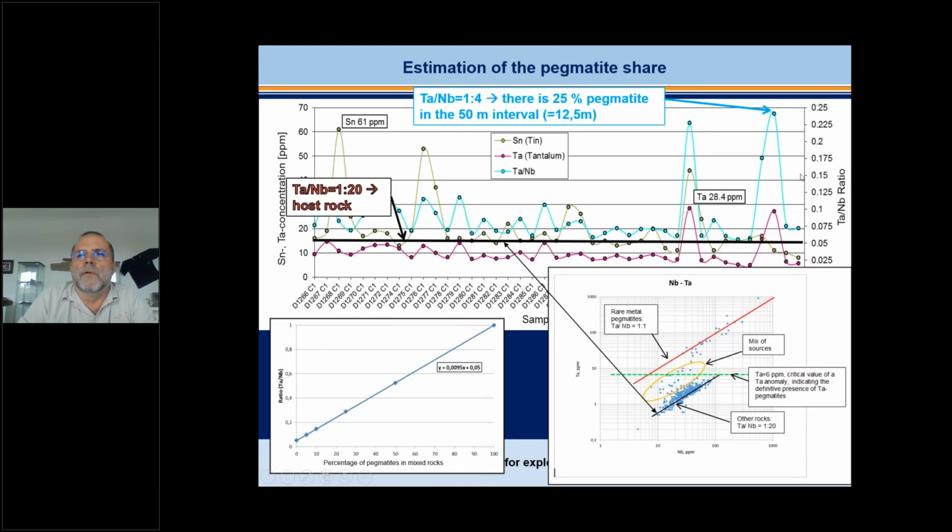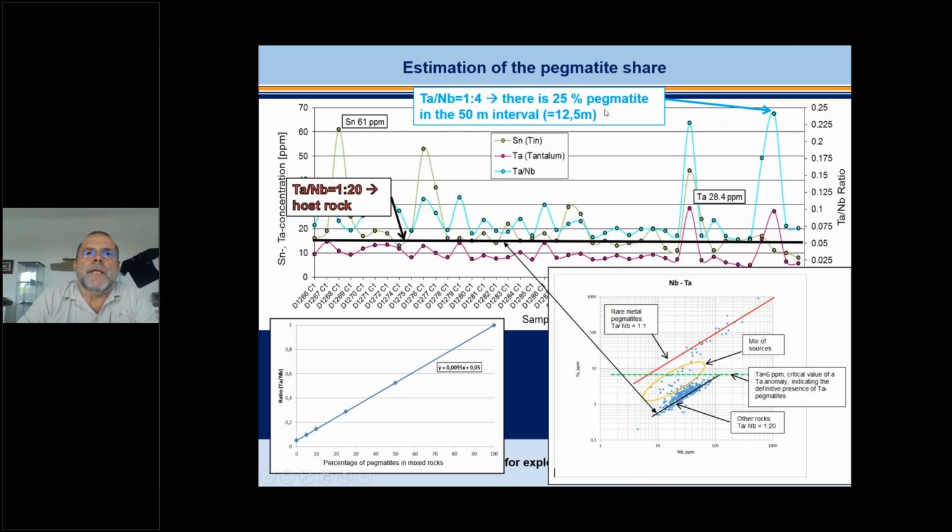If we have a closer look at these profiles, we have here the tantalum grade and the ratio niobium to tantalum. And we have here a chart helping us to identify the amount of the possible pegmatite underlying this type of anomaly.